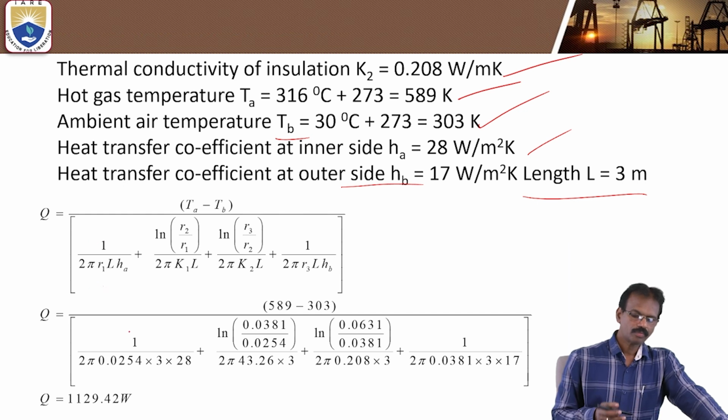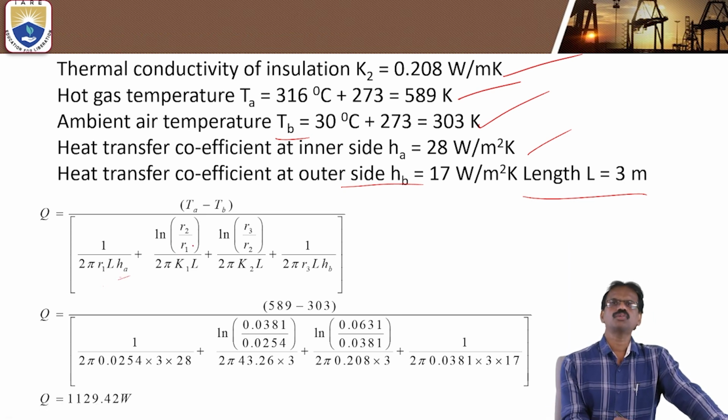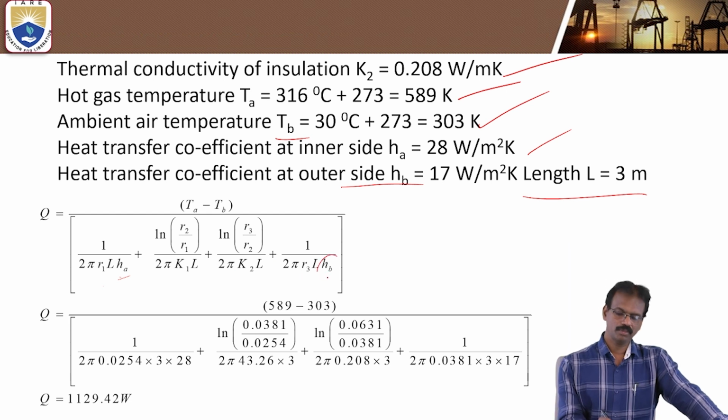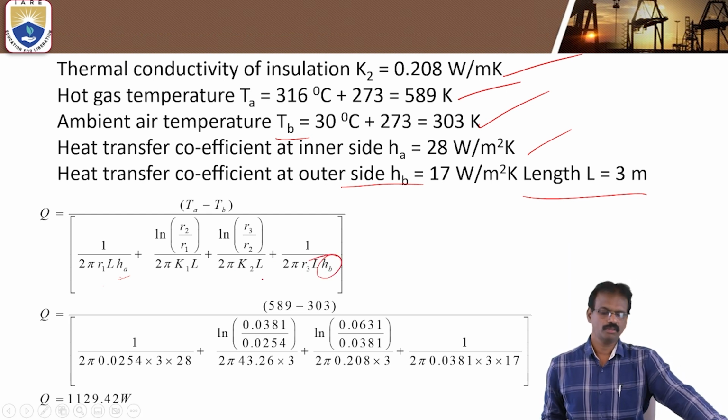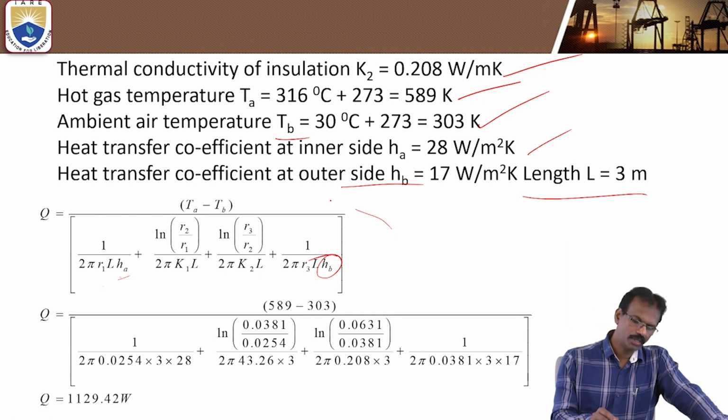So 1 by 2 pi R1 L HA, the hot fluid heat transfer coefficient, plus ln R2 by R1 over 2 pi K1 L, plus ln R3 by R2 over 2 pi K2 L, plus 1 by 2 pi R3 L HB, the heat transfer coefficient of the outside surface. So you know all the values.